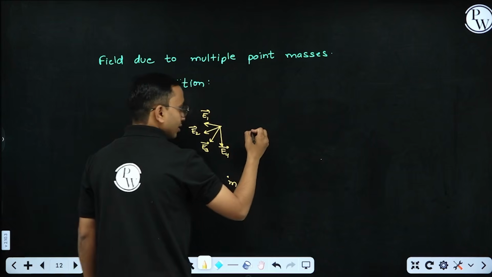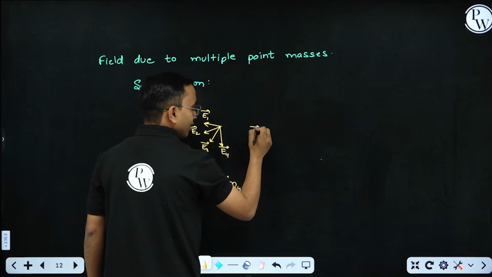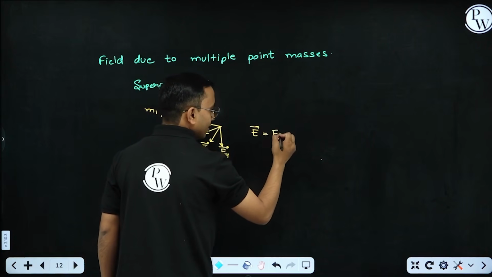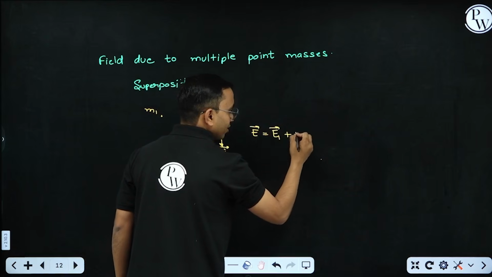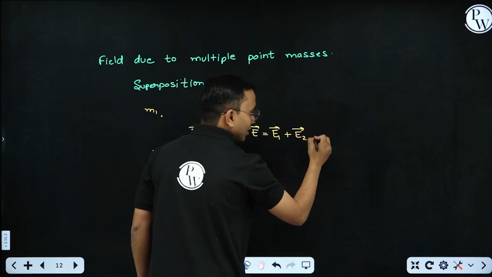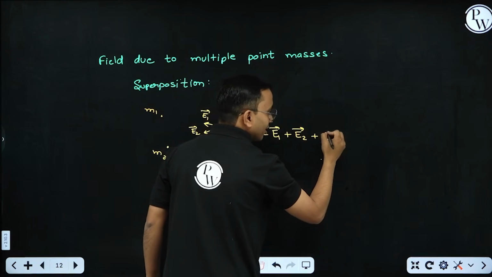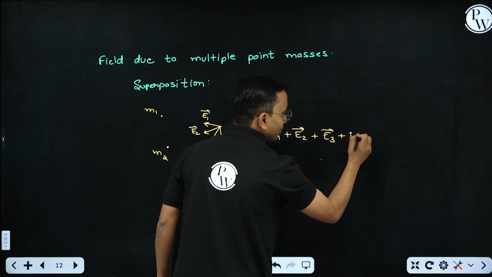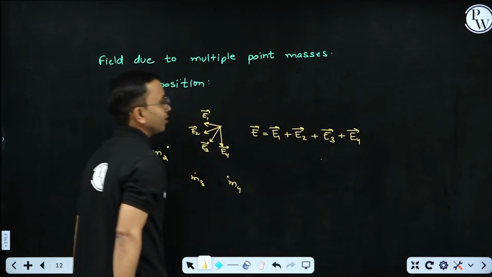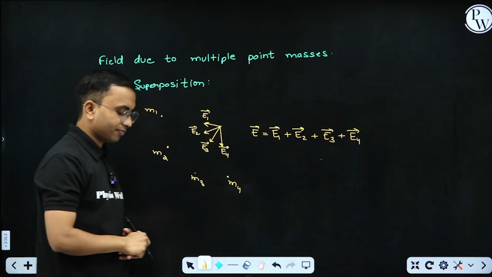Okay, so the resultant field there will be the vector resultant of E1, E2, E3 and E4. This is what you need to do.